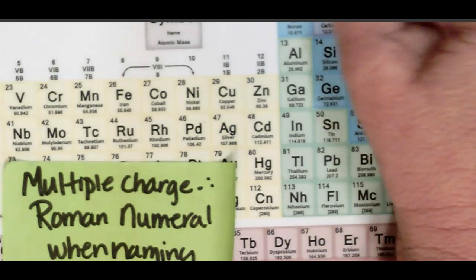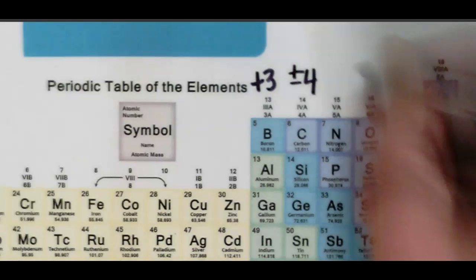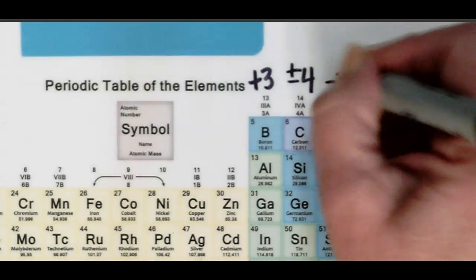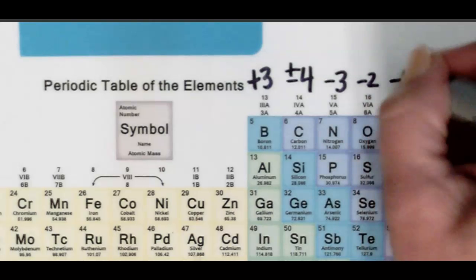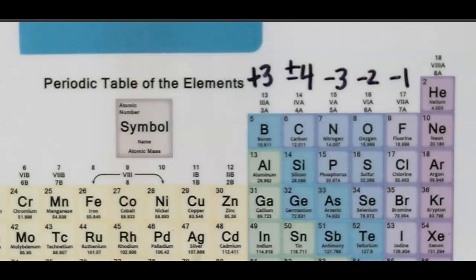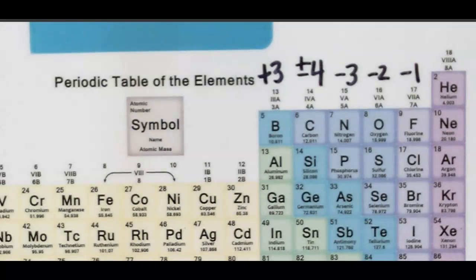The carbon family can either be a plus or a -4. You see that a lot. And then the nitrogen family is your -3, oxygen family -2, and fluorine family a -1. So again, if you don't have those on there, I definitely would suggest that you mark them somewhere, or definitely have that sheet out that we completed first semester that had all those values on there.